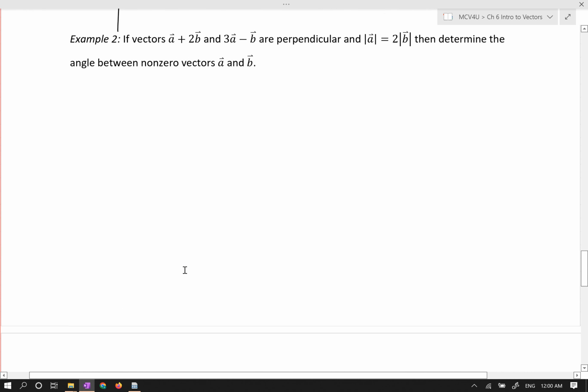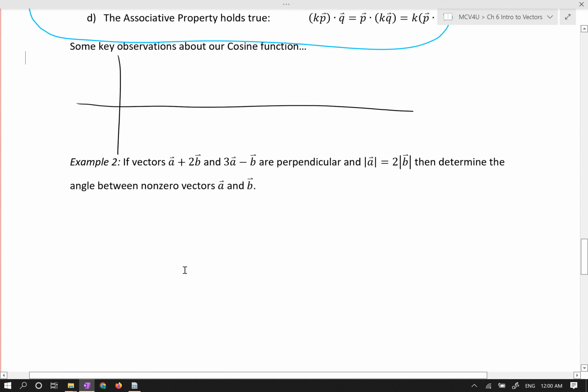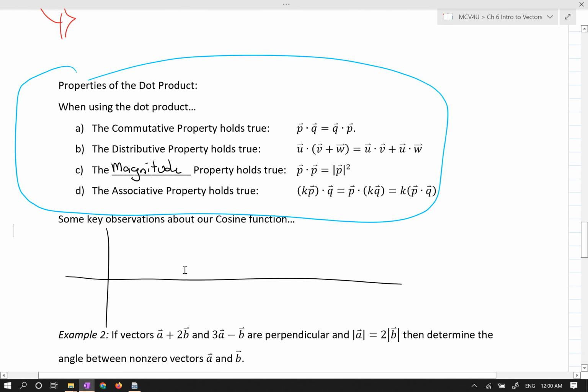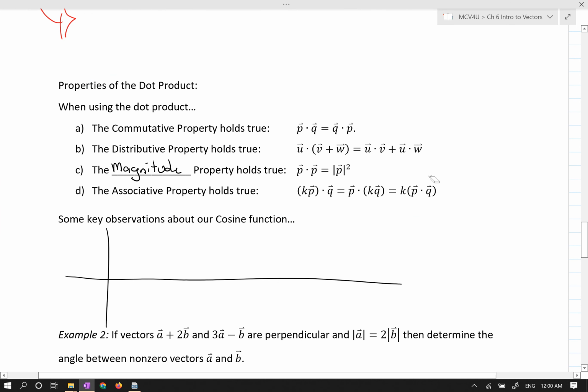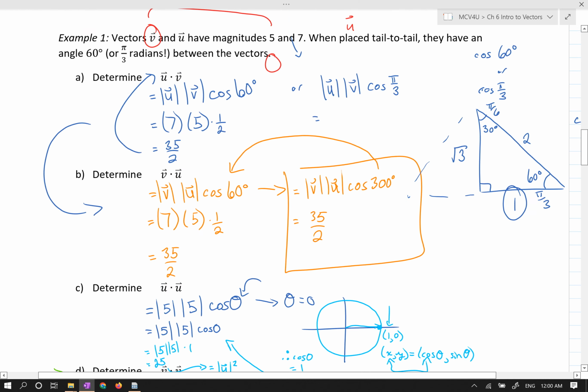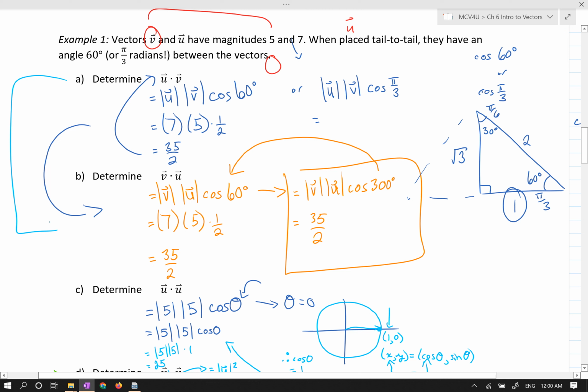I don't think we're going to go over both. I wanted to include both as an option, but that might take a bit too much time. So we're going to work here. Okay, so when we're using the dot product, a few rules are at play. Number 1, the commutative property holds true, and that means P dot Q is equal to Q dot P. Well, we actually saw that in play when we worked through example 1, A and B. We saw that the scalar dot product u dot v was equal to the dot product of v dot u.